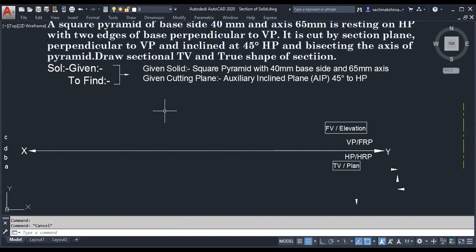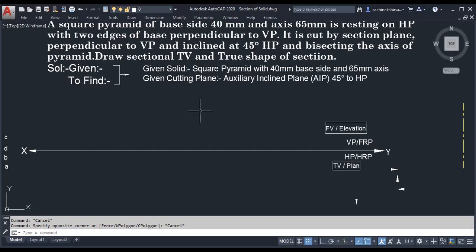See the last sentence: sectional top view. So sectional top view is asked, which means the solid is cut in the front view. Remember this, it is as simple as this.